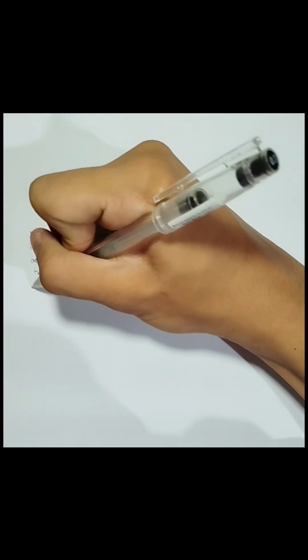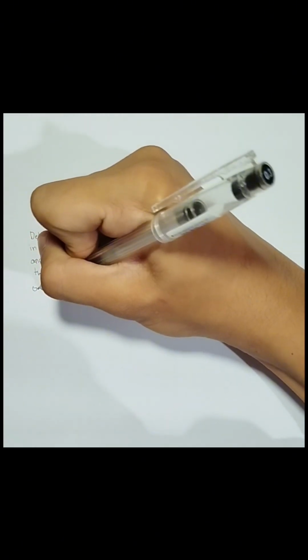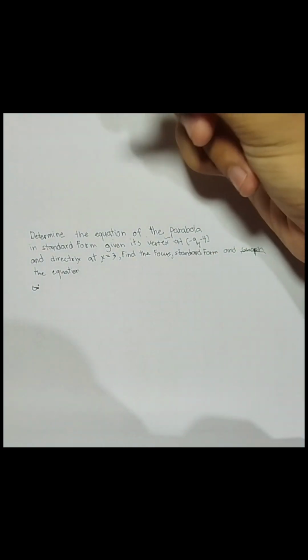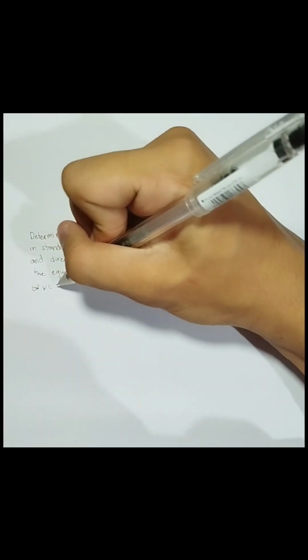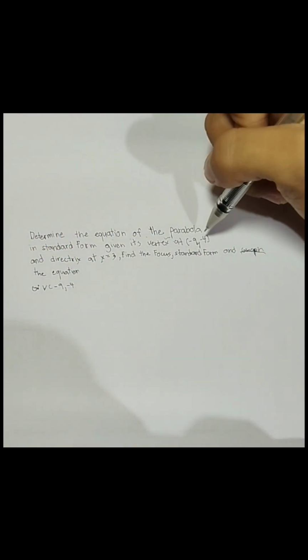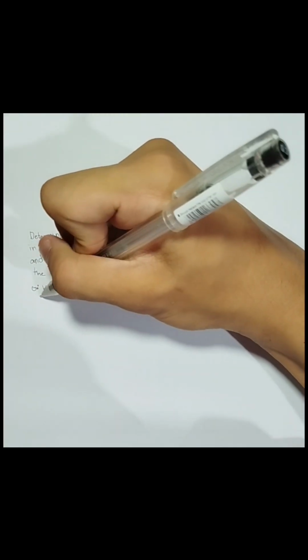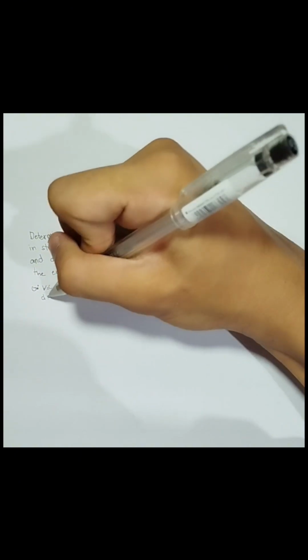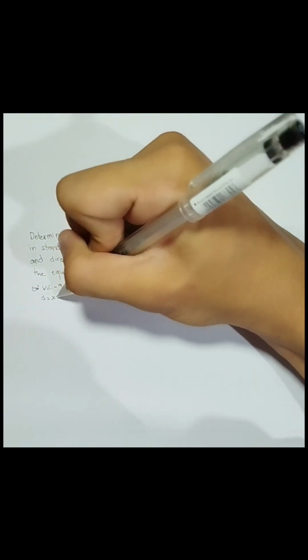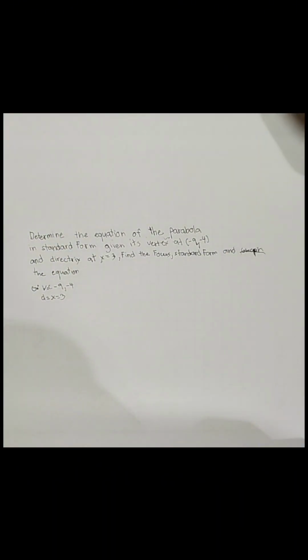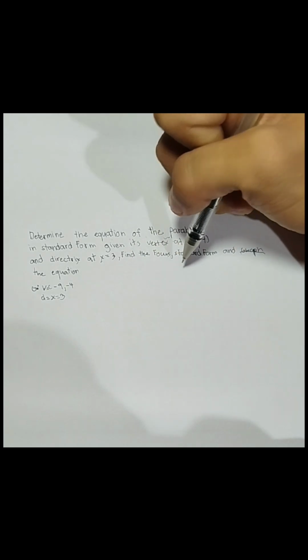Our given is first we have our vertex at negative 9, negative 4, and directrix at x equals 3. Find the focus and the standard form.